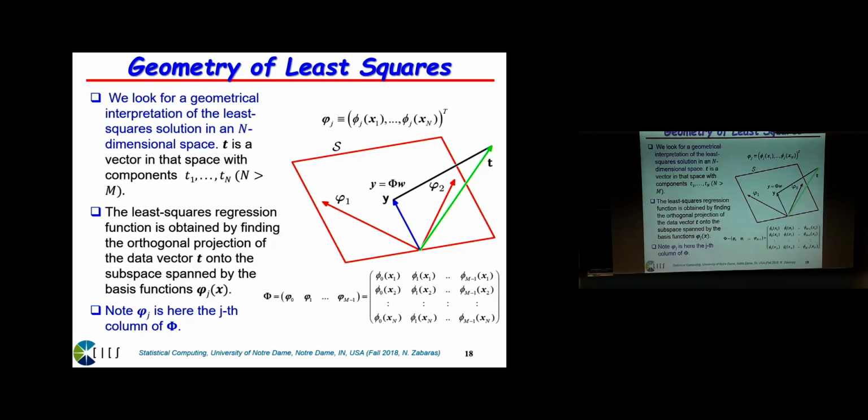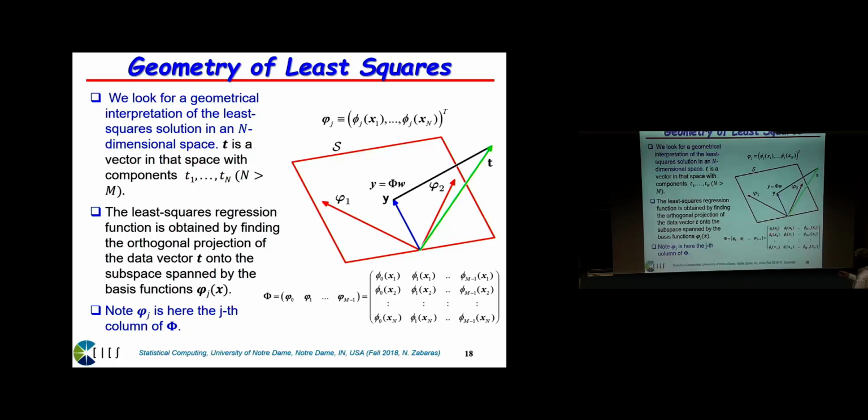Okay, we're supposed to be Bayesian, but since we're doing least squares, in case you haven't seen this, there is a very nice geometric interpretation of least squares and this MLE estimate. You remember that my design matrix involves these basis functions evaluated for each row at each of the data points.